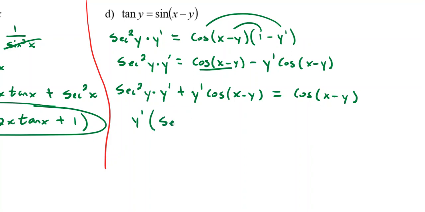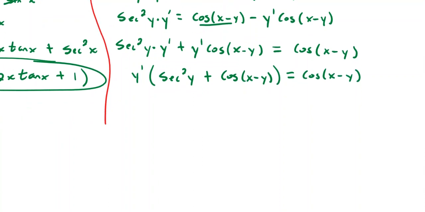So then you'd have secant squared y plus cos of x minus y is equal to cos of x minus y. And then we'll just divide by all of this.